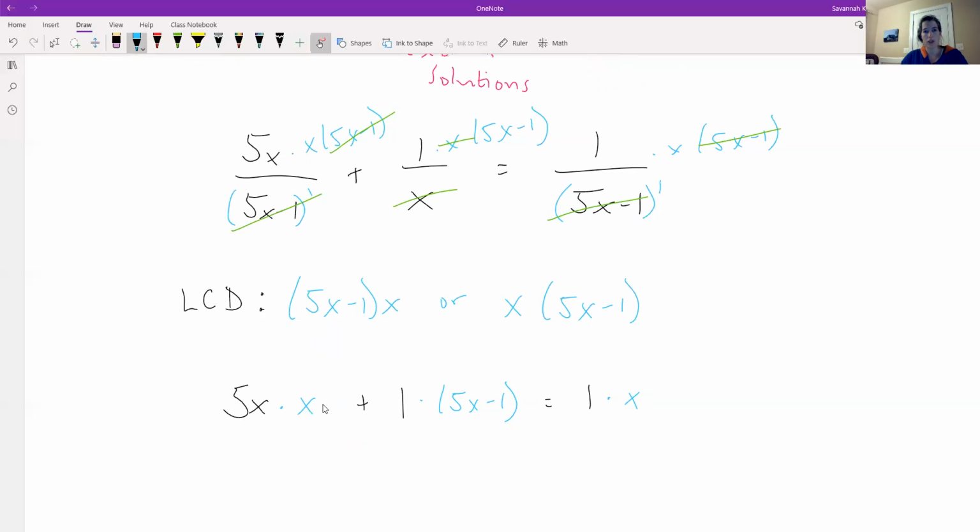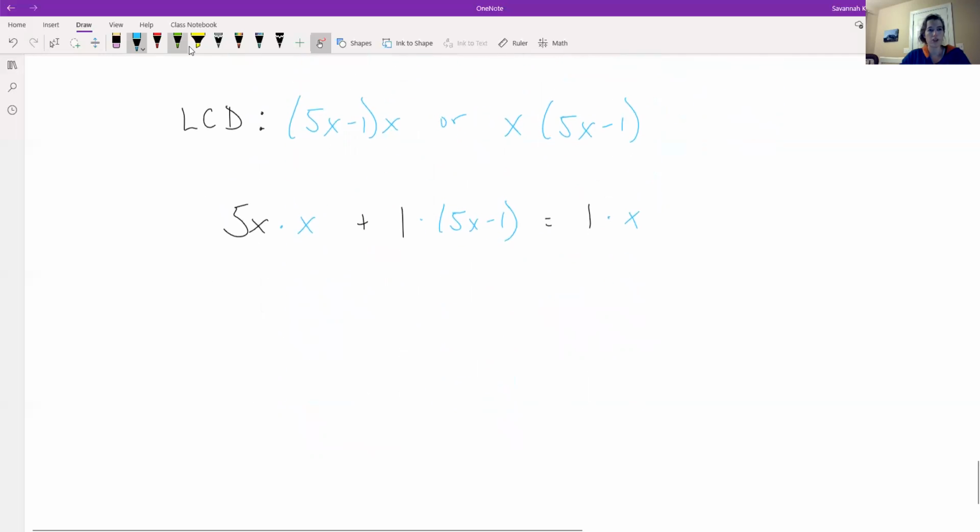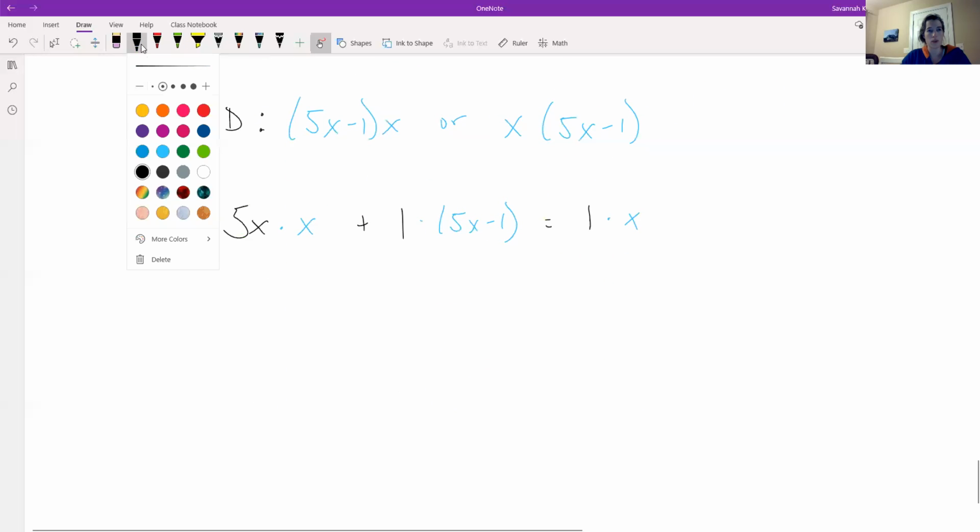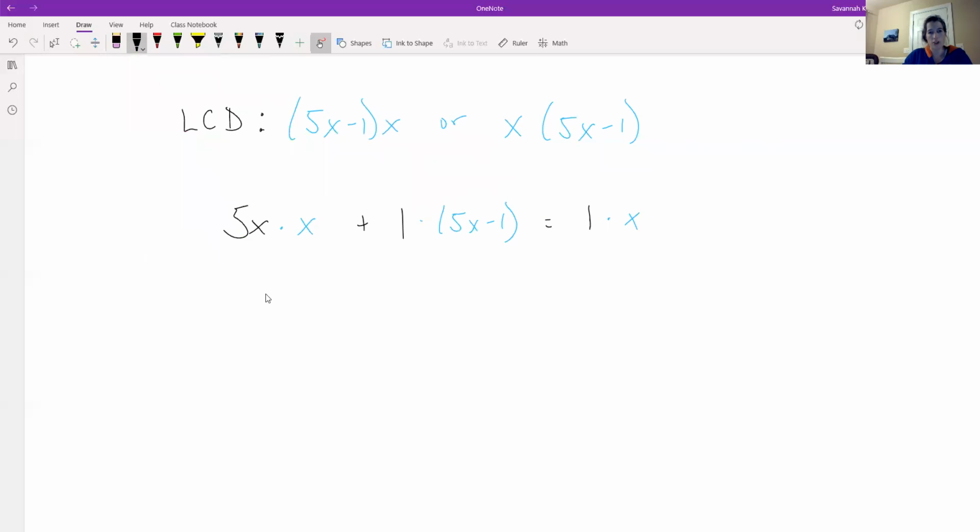So 5x times x plus 1 times 5x minus 1 equals 1 times x. So there I am on one line, finally, but I could clean this up a little bit more. No more fractions. 5x squared plus 1 times 5x minus 1 is too trivial to keep writing it like that, so I can remove the parentheses from my 5x minus 1.